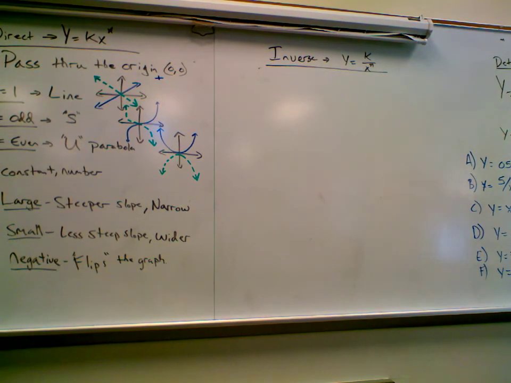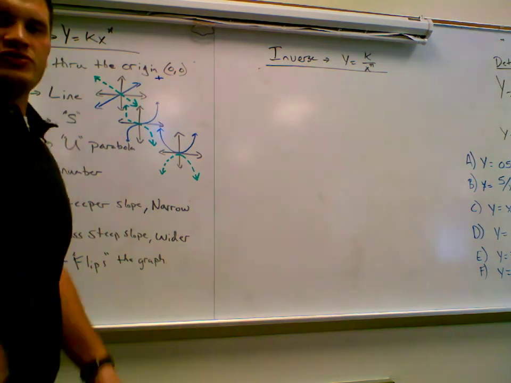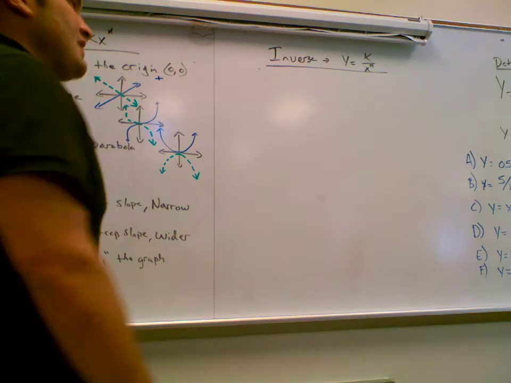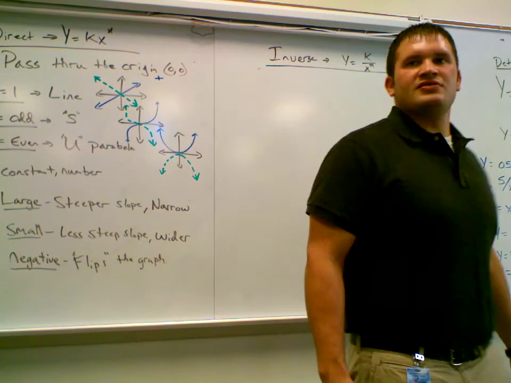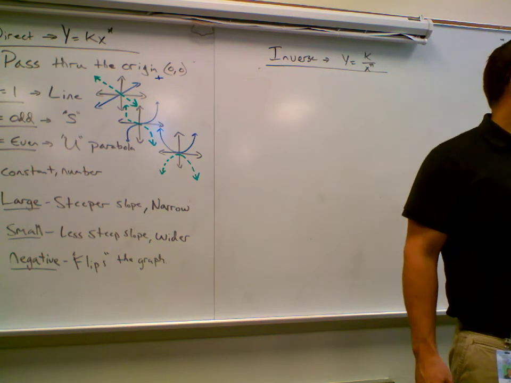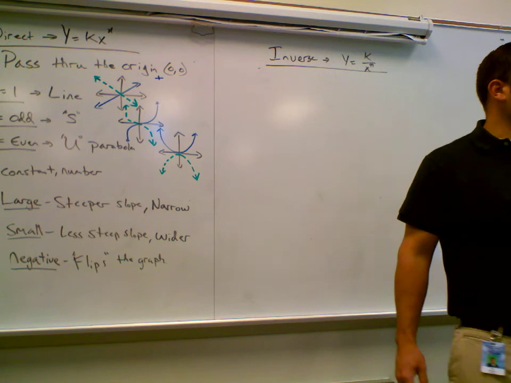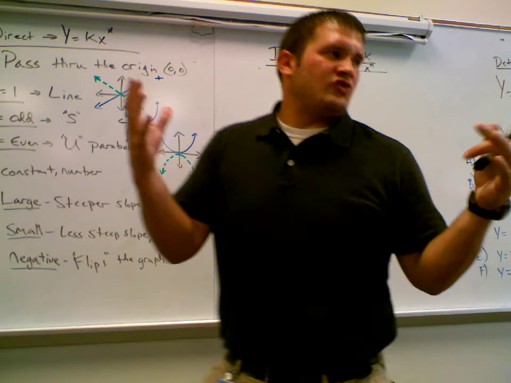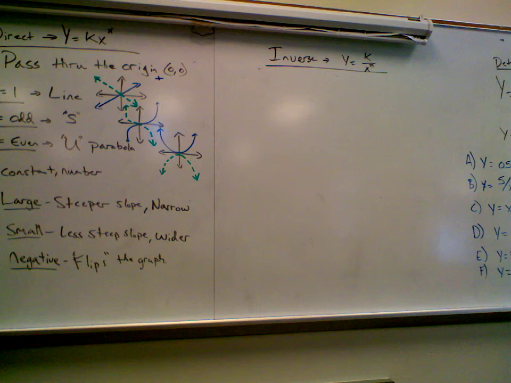Now, what do I know about inverse graphs? What's one thing that's true about every single inverse graph? It's never a straight line. I think there's something else. It doesn't go through the origin, but more specifically, it never does what? Touches the y or x-axis.